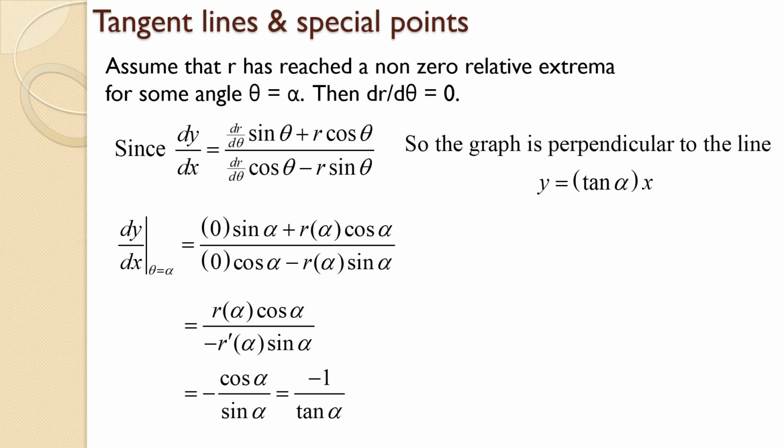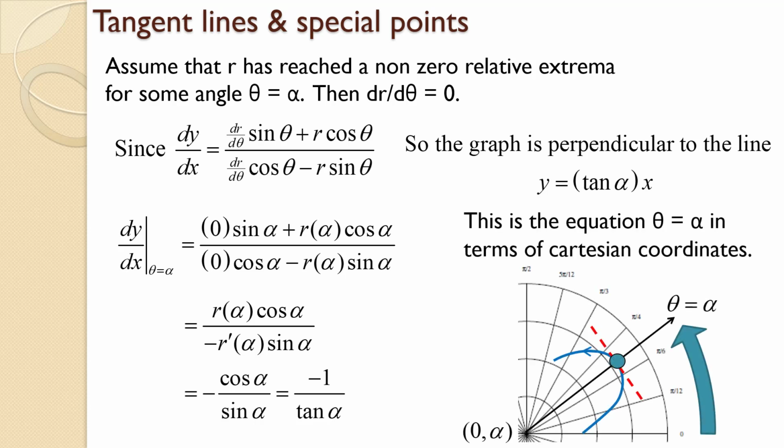But if you remember though, if you're at the origin, the line whose slope is tangent of alpha is given by y equals the tangent of alpha times x. But that means that line and the tangent line to the curve are perpendicular at that time, because their slopes are negative reciprocals.